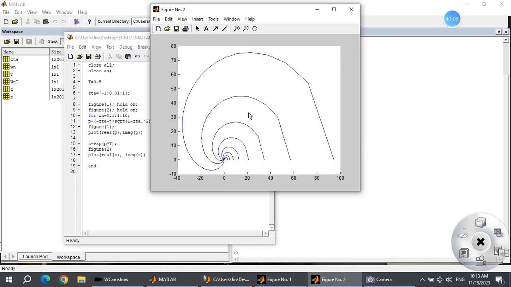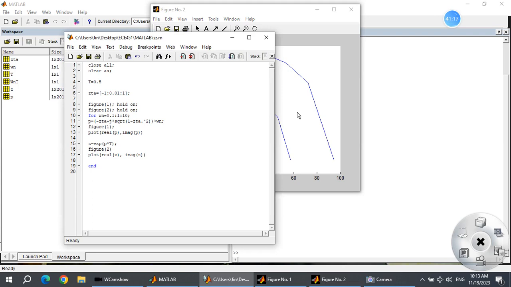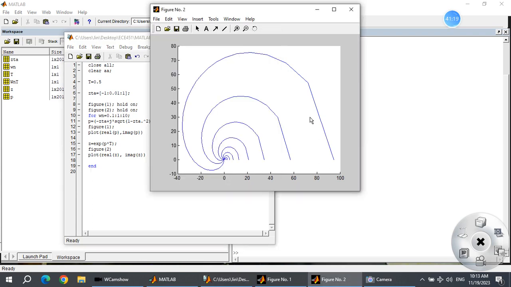Oh, it looks like this. You know, for large omega, it goes this way. Okay, this is the case for omega fixed. Every curve is a fixed omega, and the zeta is changing.